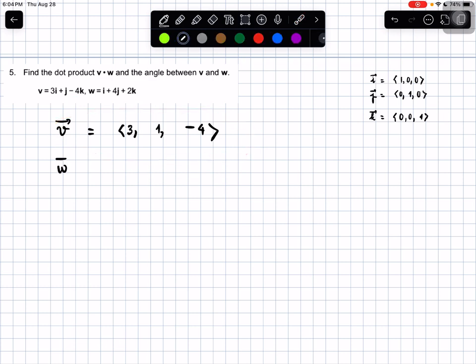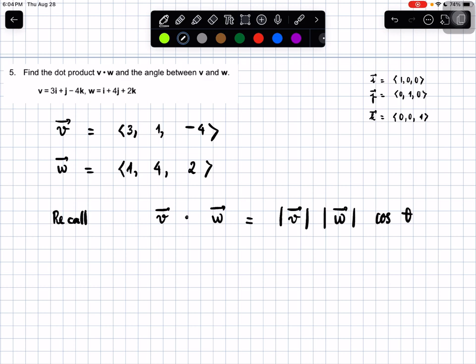Similarly, vector w is 1, 4, plus 2. And recall that the dot product of two vectors, v dot w, is the length of vector v, times the length of w, times the cosine of the angle between them.